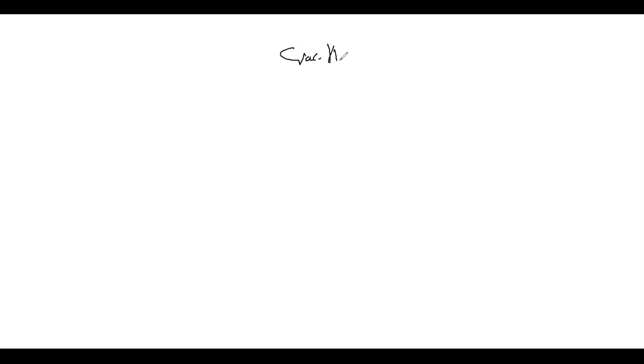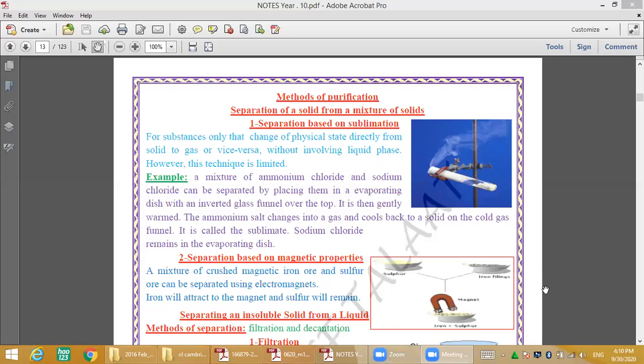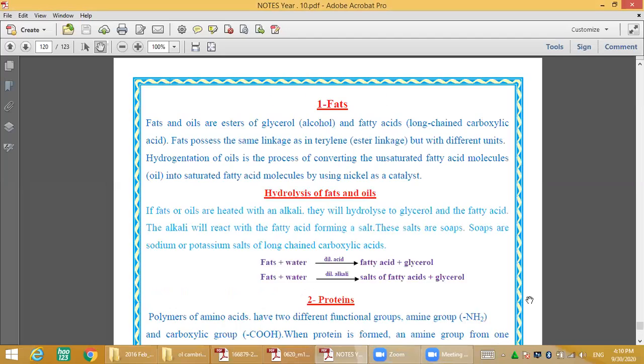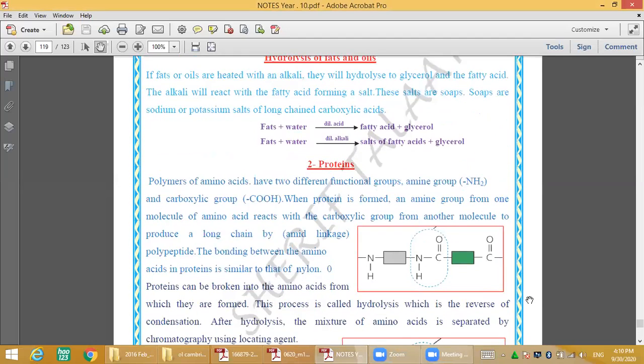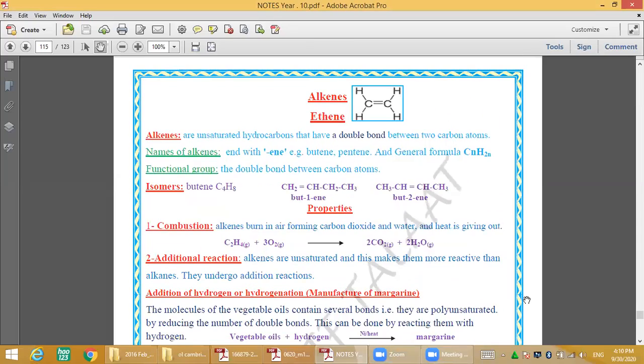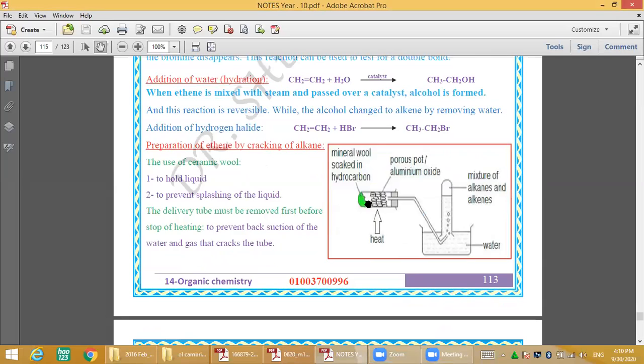Cracking. For cracking, we have the cracking of alkane to obtain alkane and alkene. In this case, we have a test tube that contains alkane and alkene, like that.